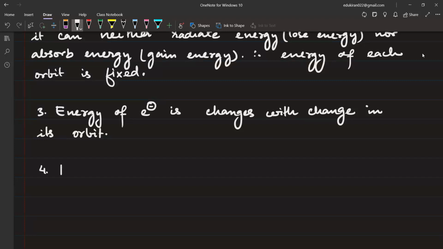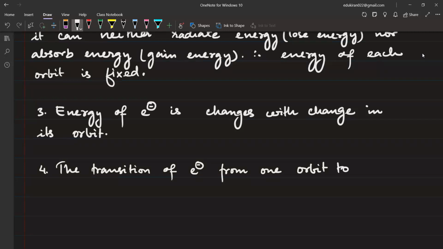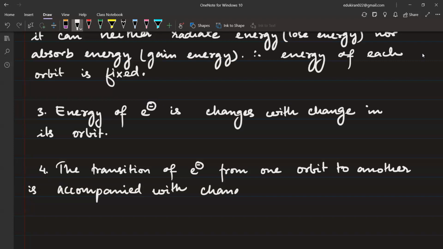Fourth point, the transition of electron from one orbit to another is accompanied with change in energy.